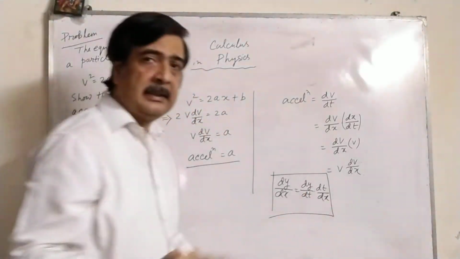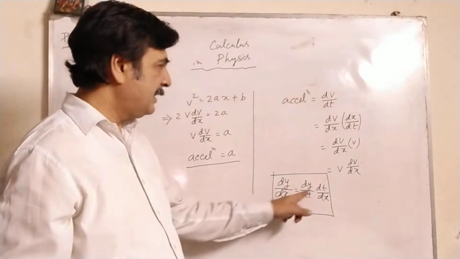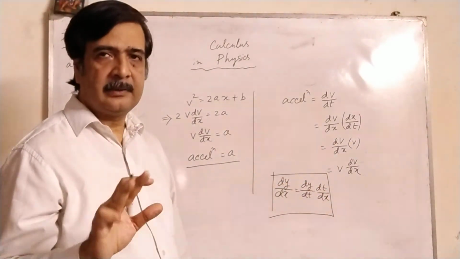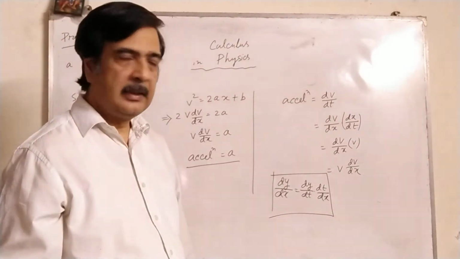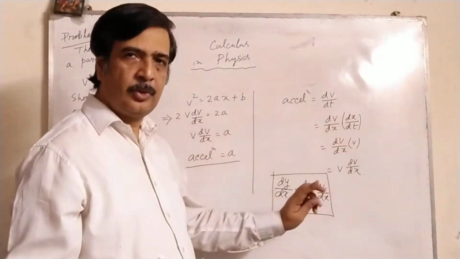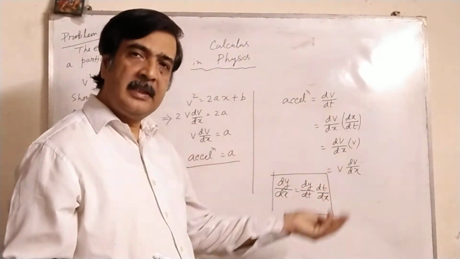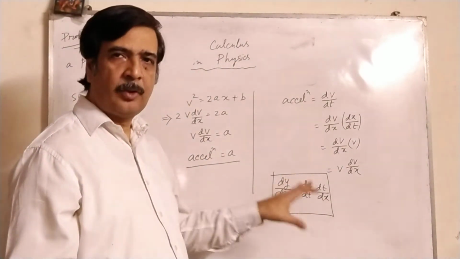Don't think that dt cancels; it is the formula of differentiation. You can say delta y by delta t into delta t by delta x, but under limiting condition, that will be gradually transformed into this formula. So this is a formula.